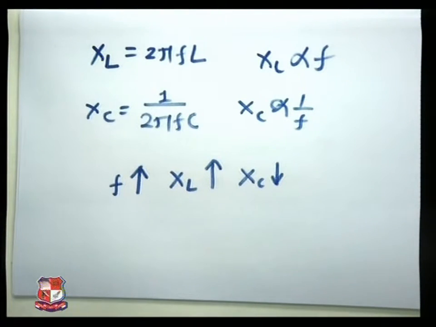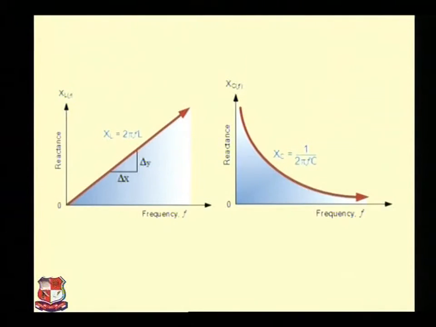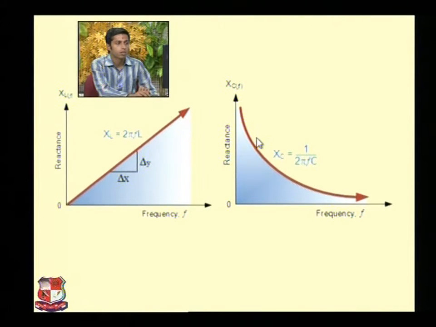So let's see in the figure. It is a graphical relation between frequency and reactance. Inductive reactance XL is directly proportional to frequency, so as frequency increases, inductive reactance constantly increases with a linear slope. If frequency is 0, inductive reactance is 0. As frequency goes 1, 2, 3, 4, it increases linearly, as the arrow indicates.